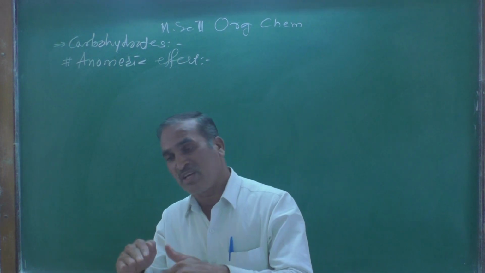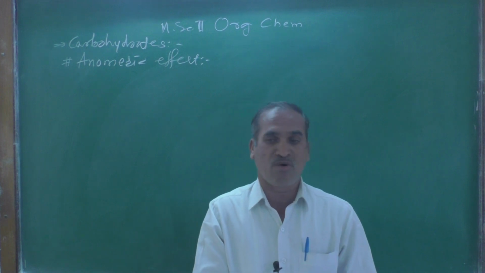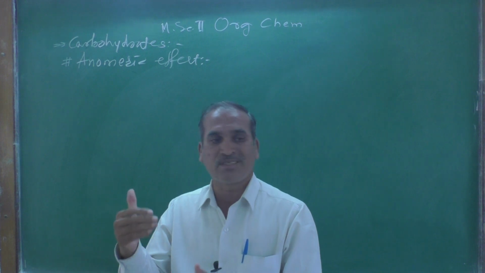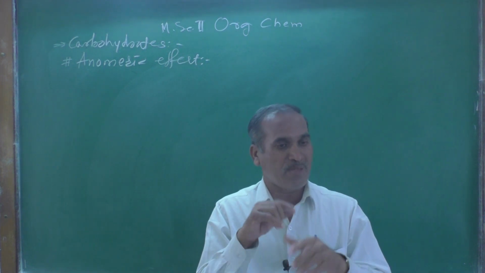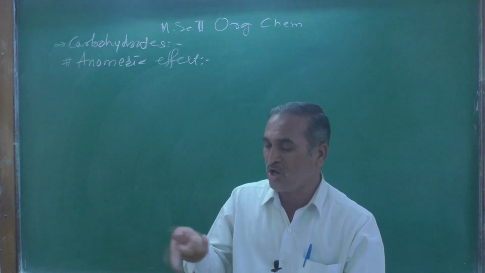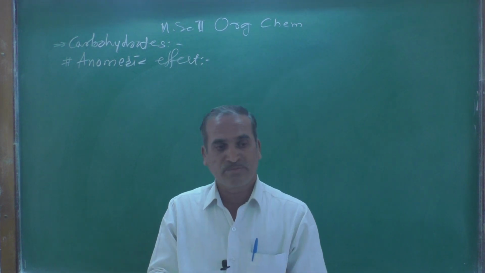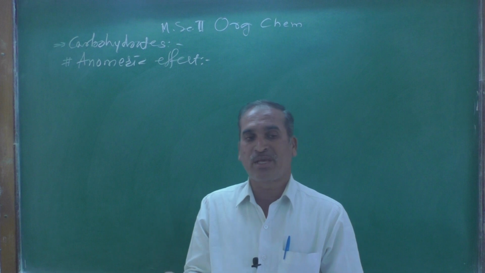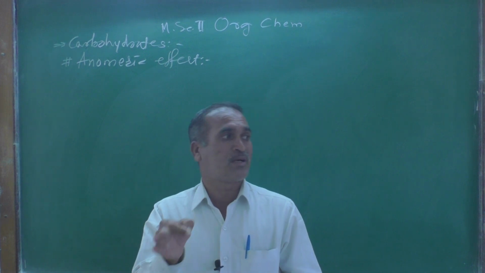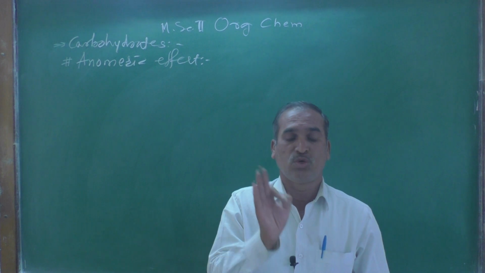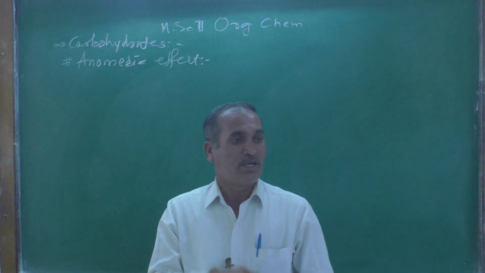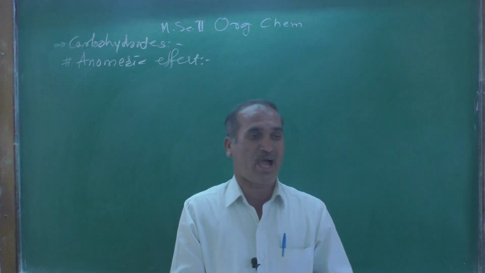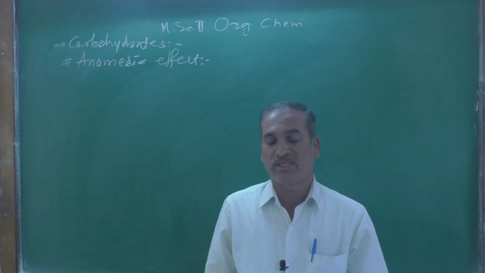Anomers means what? Why are rings formed from an open chain compound? The scientists analyzed the chemical reactions and evidence, and some chemical reactions are never shown by the open chain, while some additional reactions are shown by the ring structure.